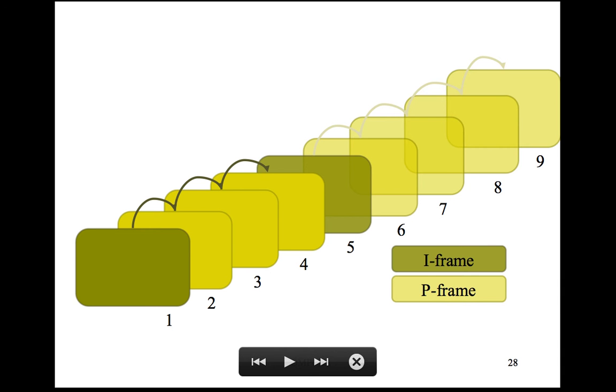And then every so often we have to start again. We usually do that maybe twice a second. Once a second would be pushing the boat out, really. So here an I-frame stands alone all by itself, and then frame 6, for example, is made by reusing parts of frame 5. Frame 7 is made by reusing parts of frame 6, and so on.